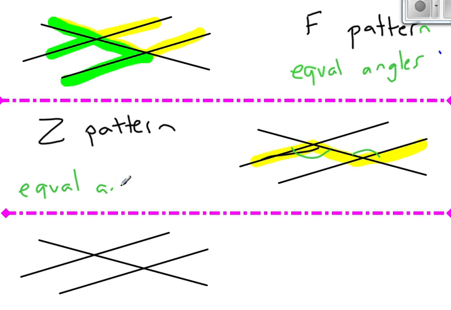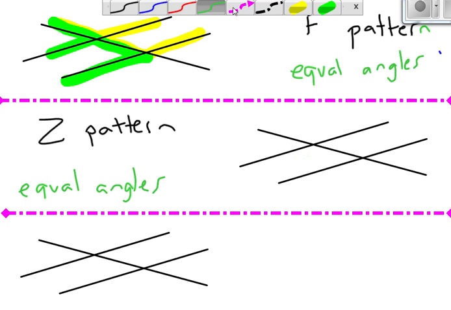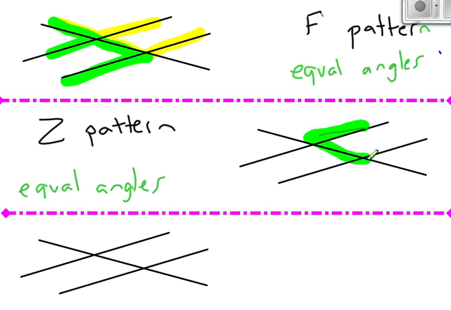So if you have a Z pattern, you have equal angles. And again, just like the F pattern, it could be backwards, it could be upside down. So you should see that there's also a Z pattern that looks like this, right? So that's a backward Z, so this angle is equal to this angle.